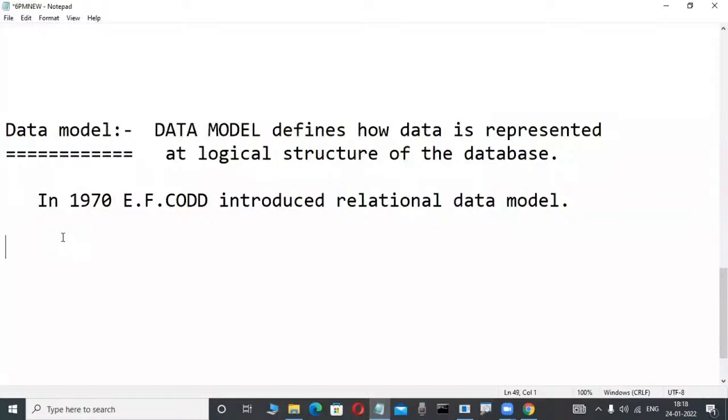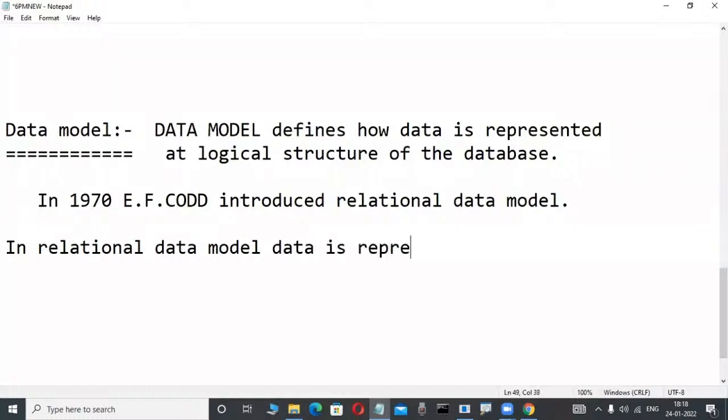In relational data model, data is represented in two-dimensional tables, in the format of rows and columns.